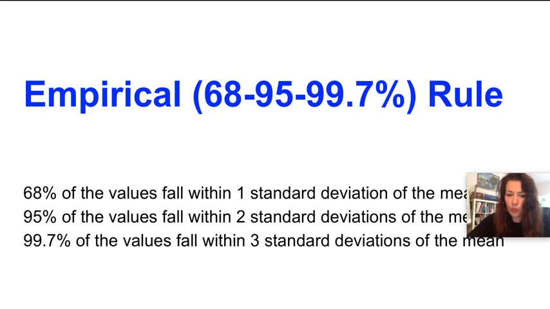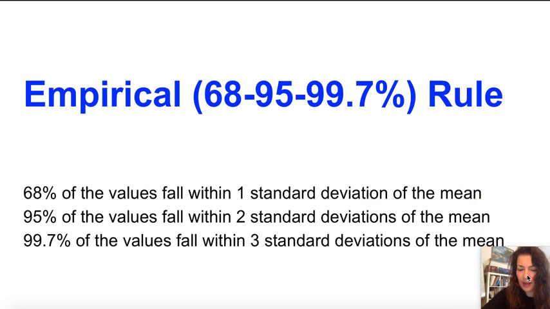We also know from the normal model that we have something called the empirical rule. What that means is that 68% of the values will fall within one standard deviation of the mean. 95% of the values will fall within 2 standard deviations of the mean, and 99.7% of the values will fall within 3 standard deviations of the mean. So what does that mean?